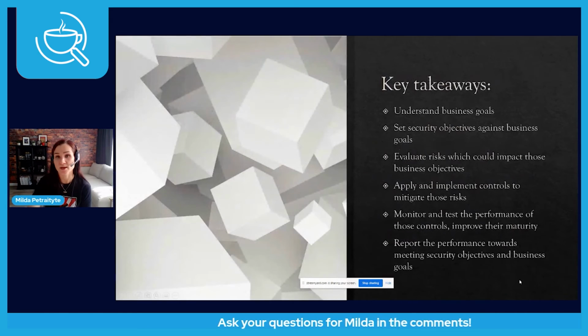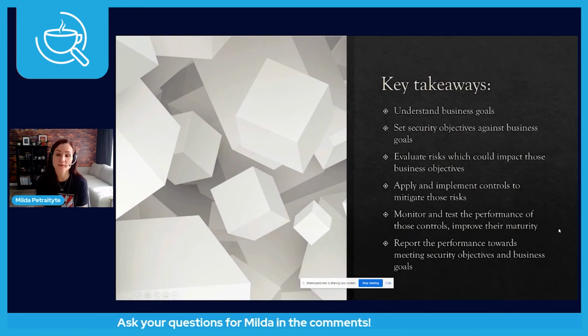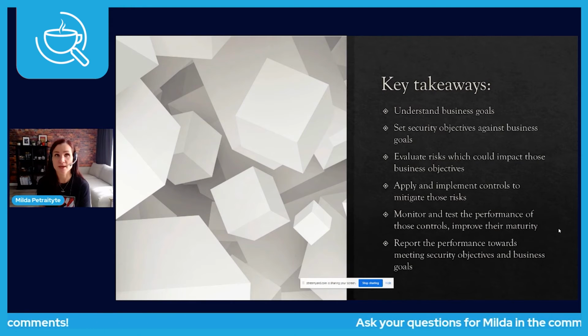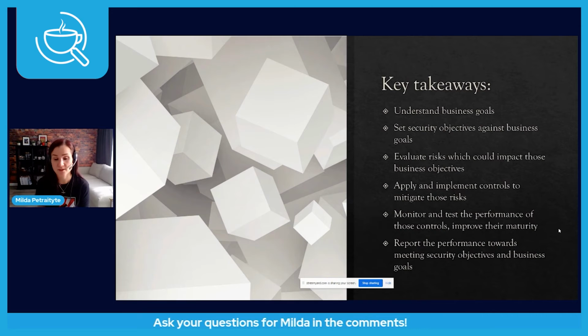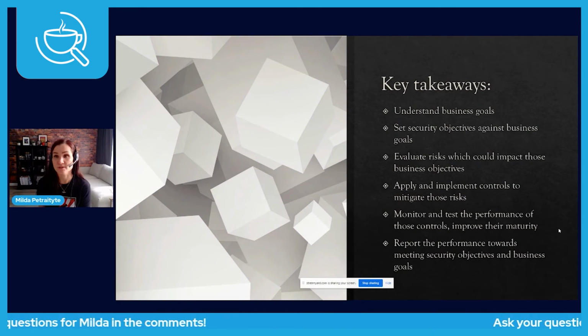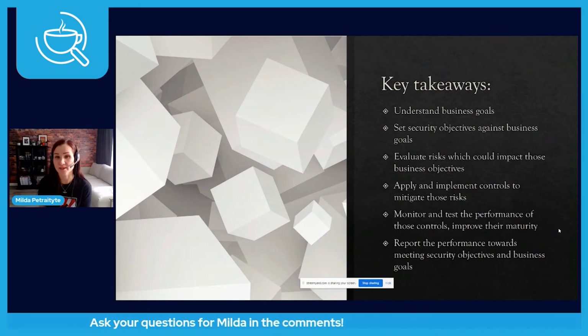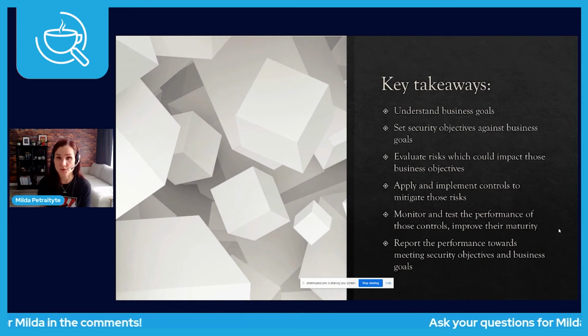So as a final takeaway, and this is again something from my experience and best practices, something that I also noticed helps to build good security programs is that you should start from the very beginning, from the top, and ask the question: why do we need to do this?